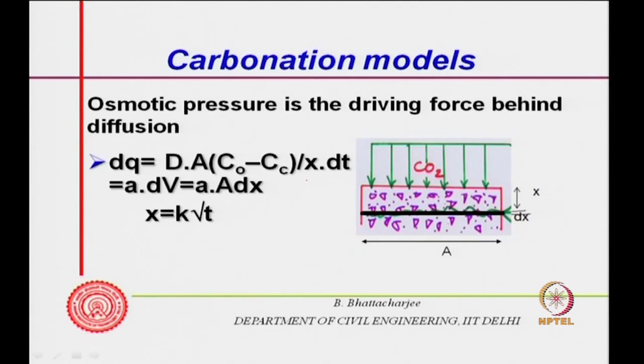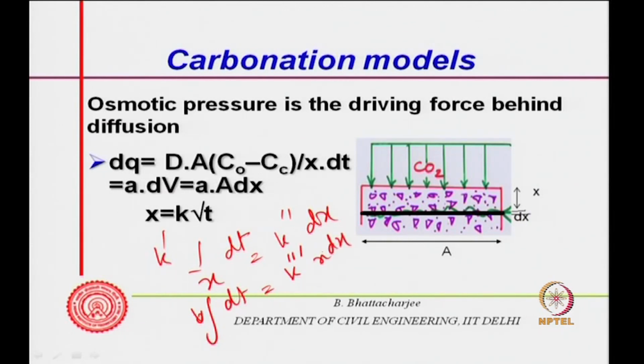Some constant, that is 1 by x into some constant, let me call it k dash, dt is equal to some other constant, k double dash, dx. If I integrate dt, and on this side it will be some constant, let us say k 3 prime, x dx, integrate it.